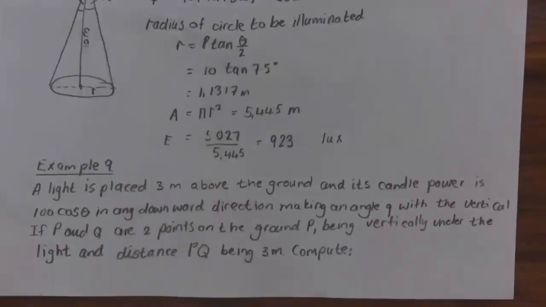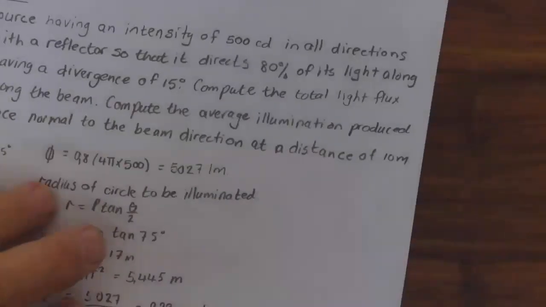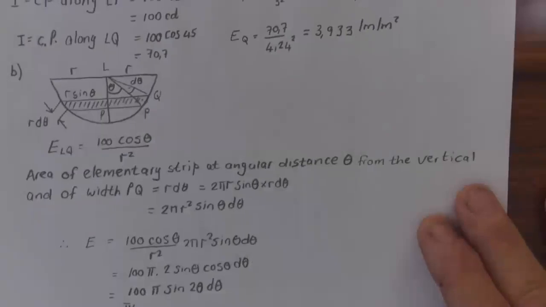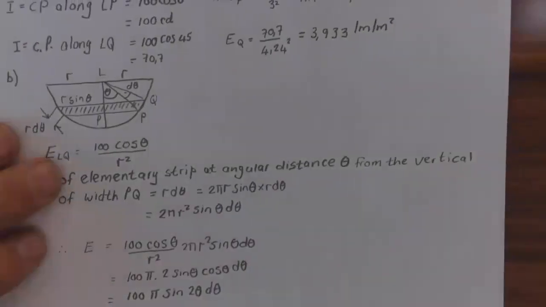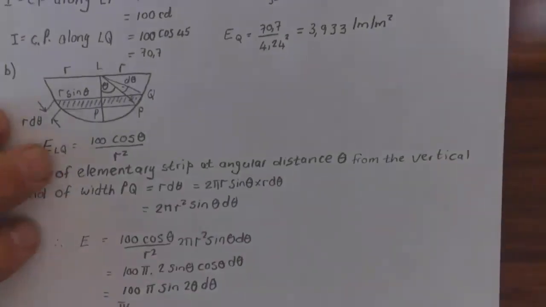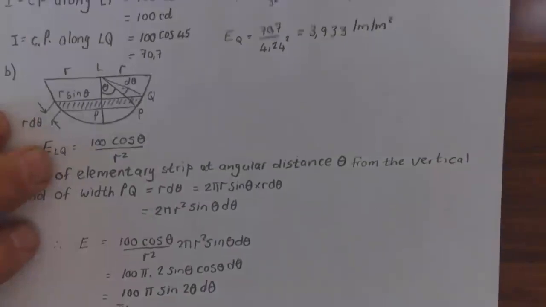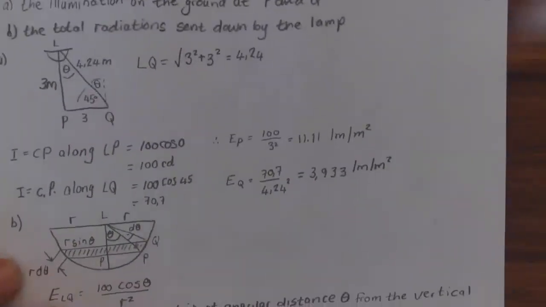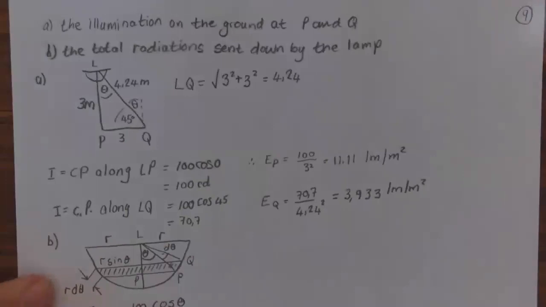If P and Q are 2 points on the ground, P being vertically under the light and distance PQ being 3 meters, compute the illuminance on the ground at P and Q and the total radiation sent down by the lamp.